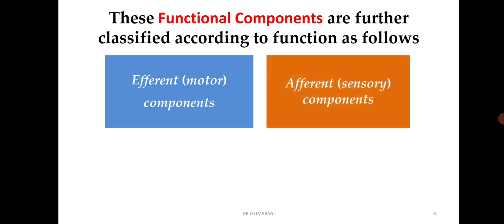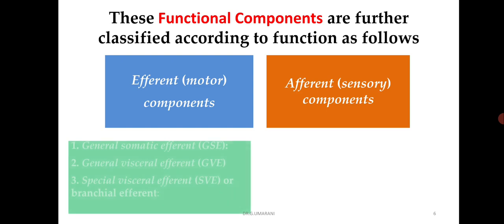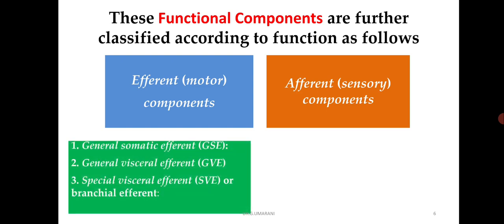These functional components are further classified according to their function. We call them efferent, known as the motor component, and afferent, known as the sensory component. The motor component nuclei are general somatic efferent, general visceral efferent, and special visceral efferent, or branchial efferent.